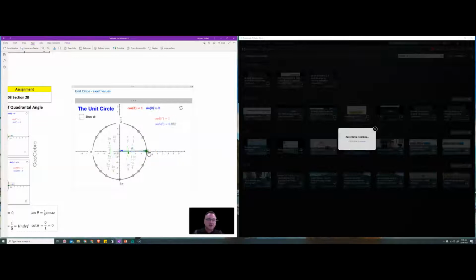The angle that is 0 has a sine of 0 and a cosine of 1. Now if I go all the way to the other side, all that changes is the x-coordinate. It becomes -1, 0.